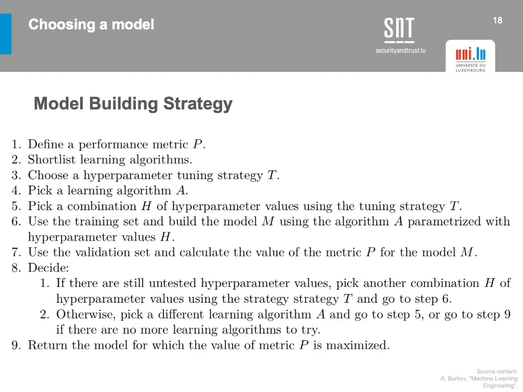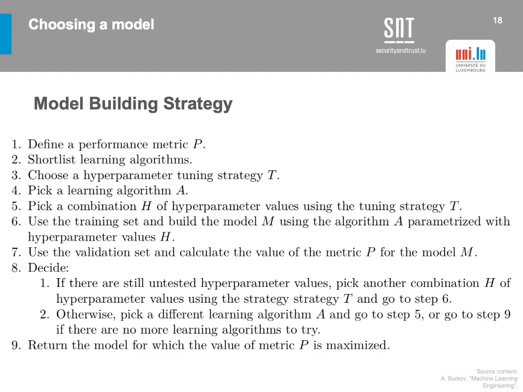You use the training set to build the model using the algorithm and the hyperparameters values here. So you train your decision tree with a depth of 8, and then you use the validation set. We will see it in a few slides, but you use a specific set of examples as training, and another set of examples, which is called the validation set, to compute the value of your metrics for the model that you have.